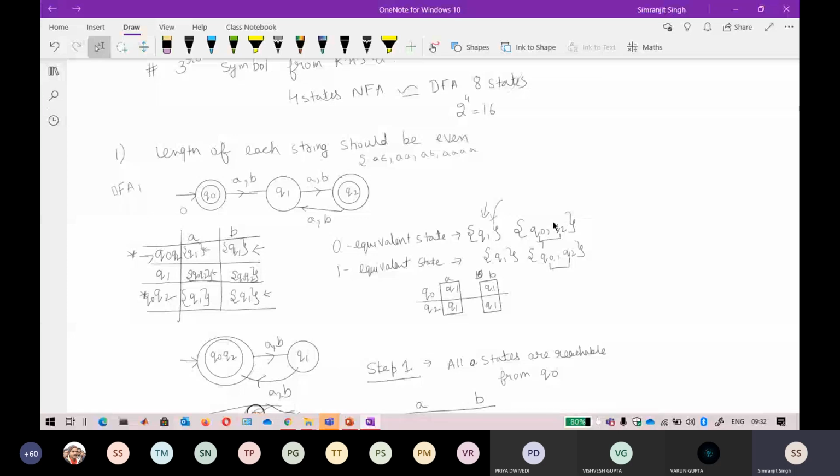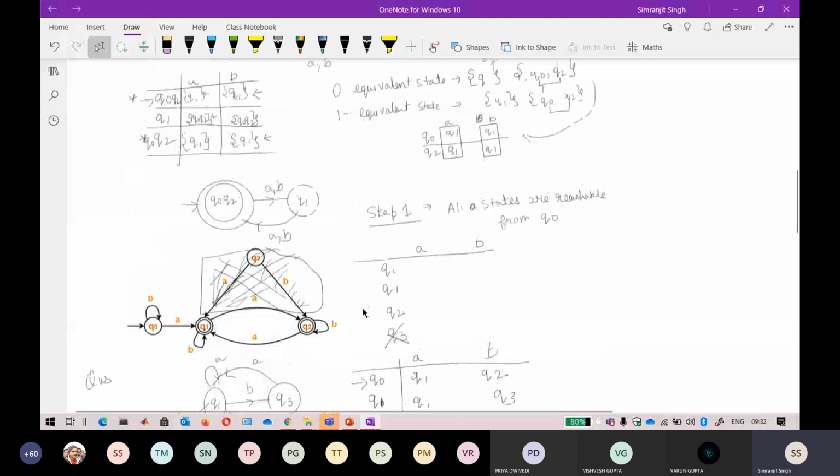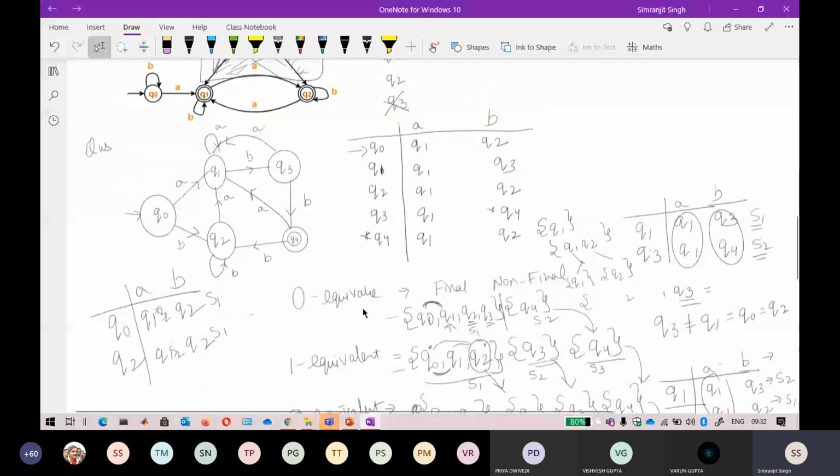So these two sets are combined. Okay, so I just try to separate them. But on the one equivalent state, I am unable to separate them because they are equivalent. So that is why I result in this and I just stop and combine it. So that is why you will be confused. That is why I've taken an example where there are more states so that you will find this easy.